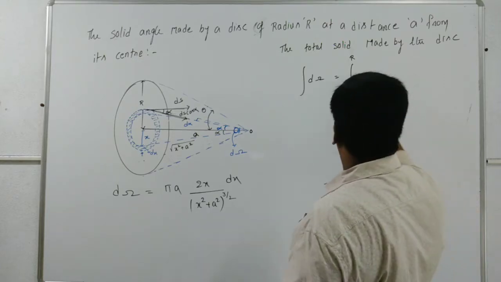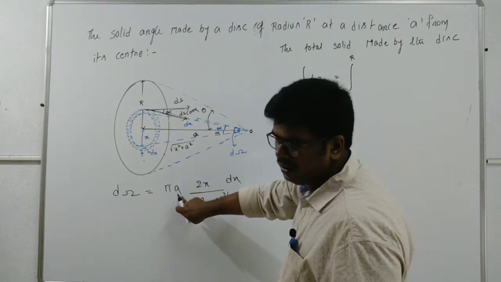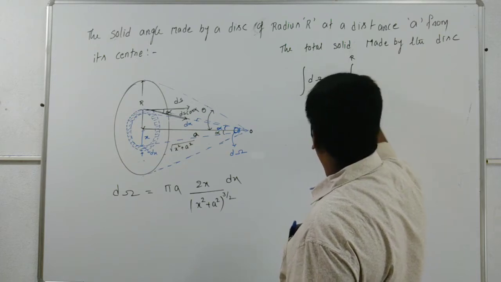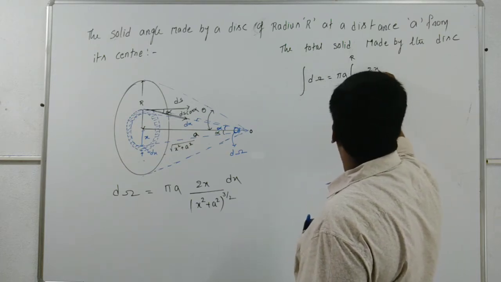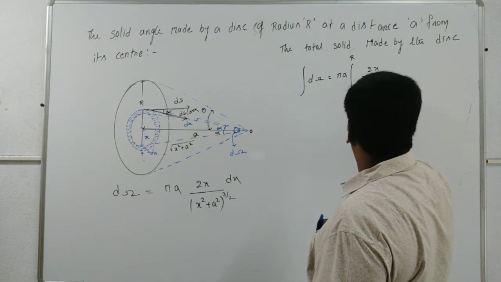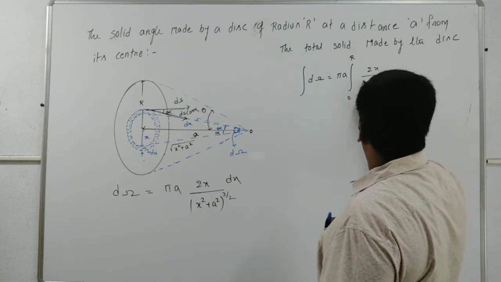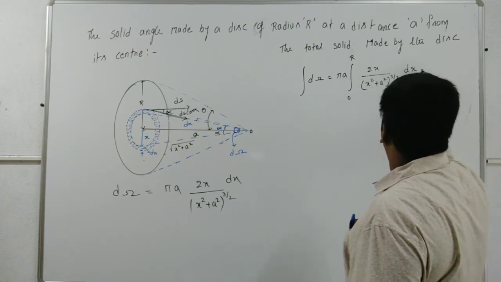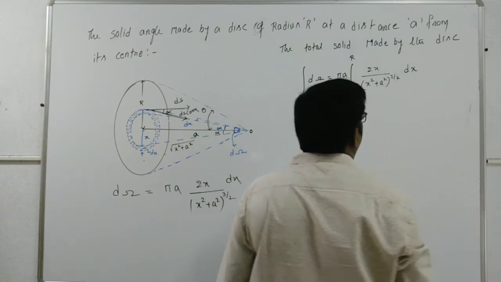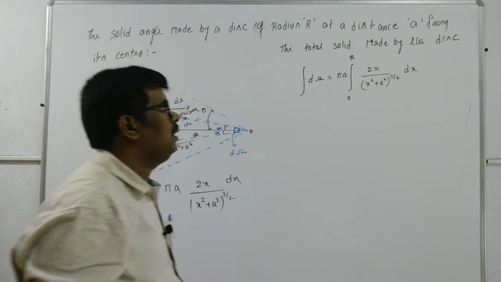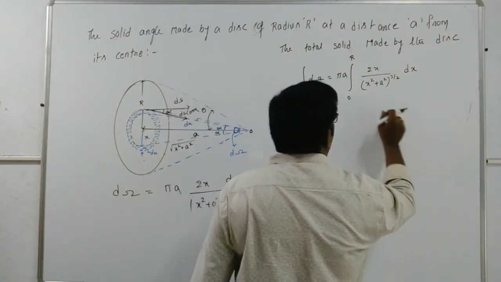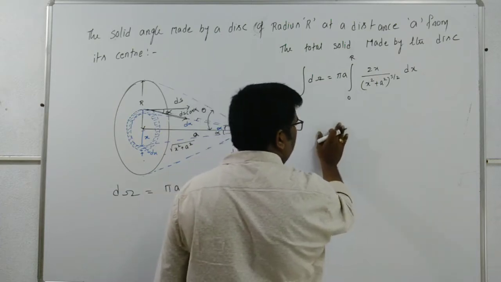What is here? Pi a, anyhow it is a constant. Constant can be written outside of the integration, pi a. So 2x by x square plus a square whole raised to 3 by 2 into dx. Then we have, already we know one thing.